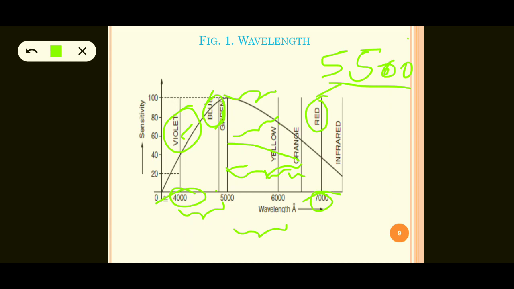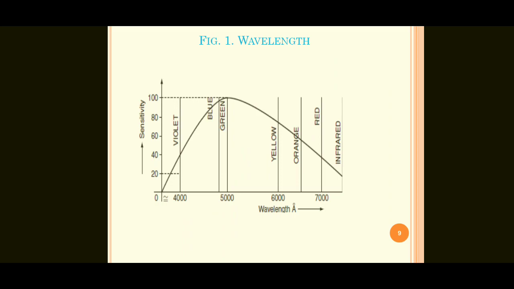So from this figure we can observe the y-axis shows the sensitivity, x-axis shows the wavelength, violet is the short wavelength, red is the long wavelength, orange, yellow and green are the middle visible region of wavelength. And 5500 is in between 5000 to 6000.